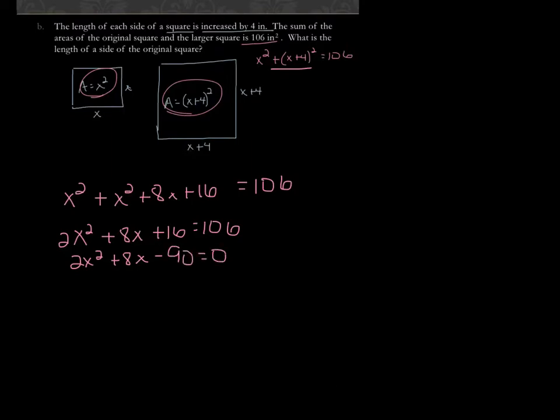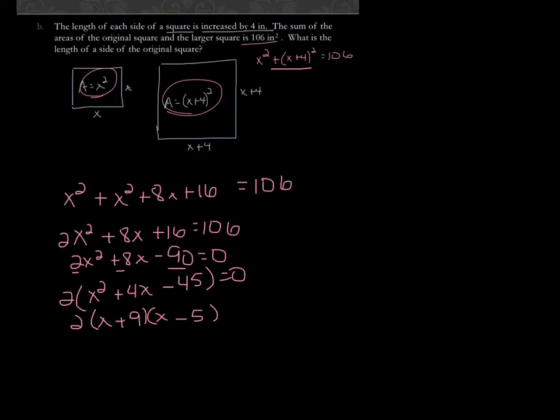Alright, and then I'm going to factor this. So notice that I do have a GCF of 2, so I can factor out that 2, which would leave me with x squared plus 4x minus 45 equals 0. And now I'm just going to factor the x squared plus 4x minus 45. So there's no 2 in front anymore. That would be 9 times 5.